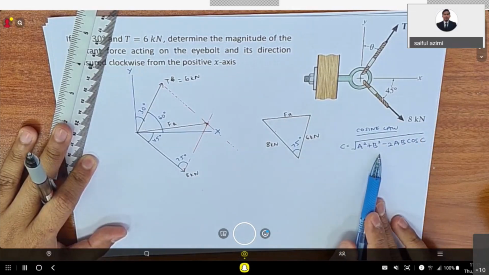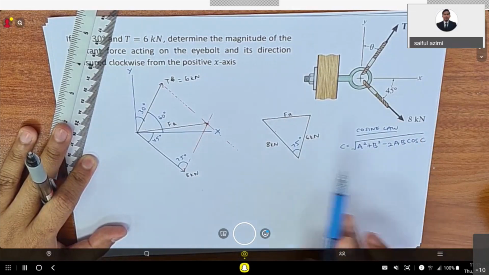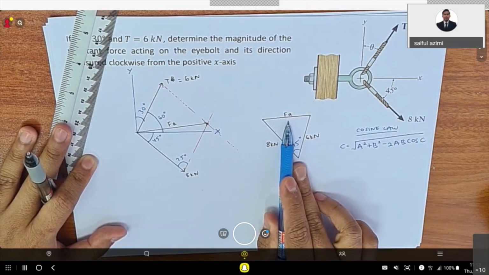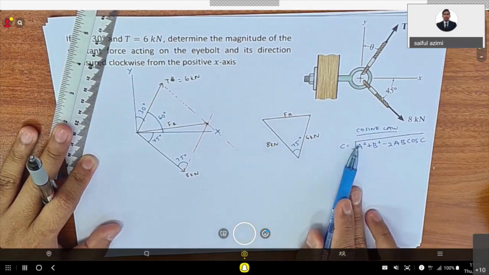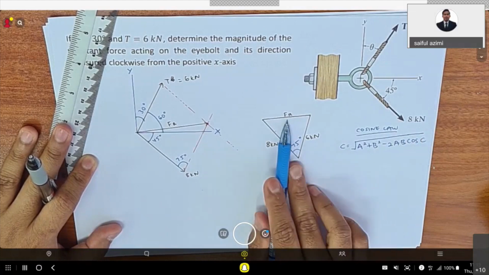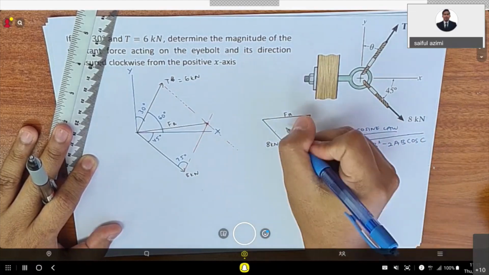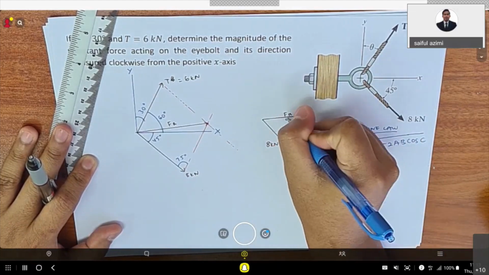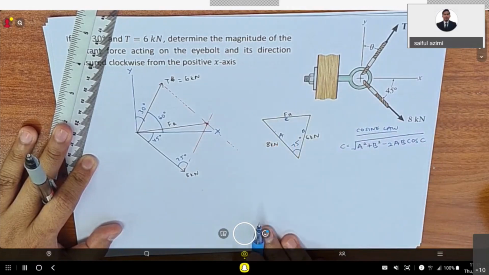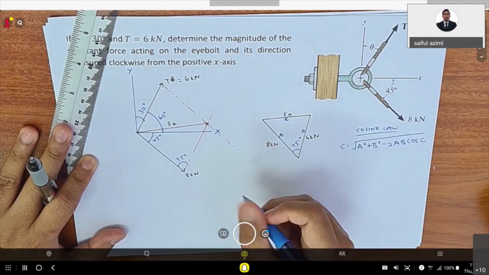Right now we want to find the resultant force, so you can find it using the cosine law. Let's say FR equals C, so this is C, this is A, and this is B. You can do as follows.